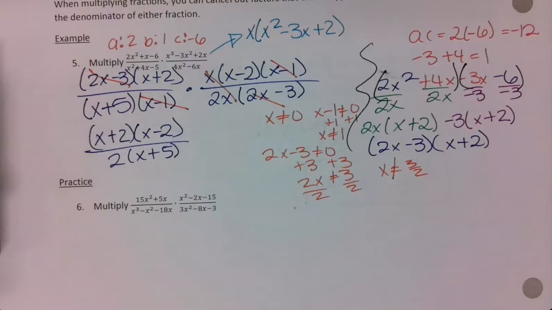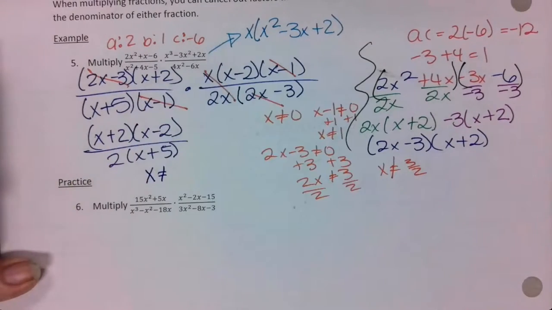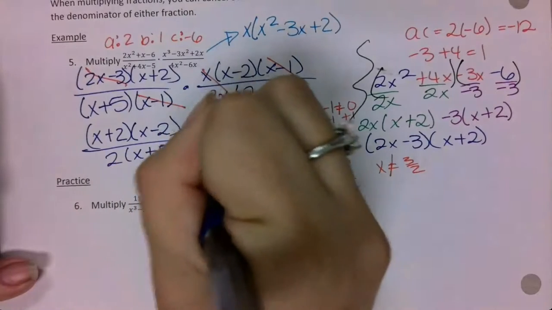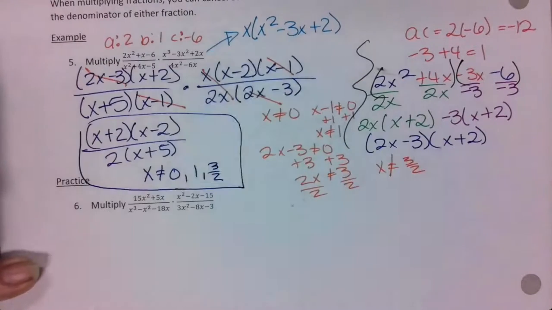They just have to be on the top and the bottom. It doesn't matter if they're on different fractions or not. So then I just want to make sure I list my values that x can't equal, which are 0, 1, and 3 halves. I can use commas to separate these values.